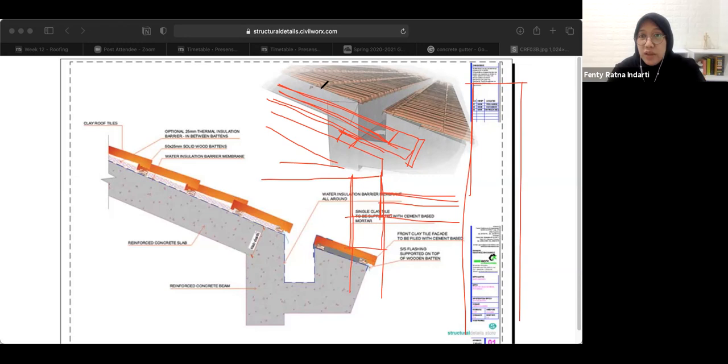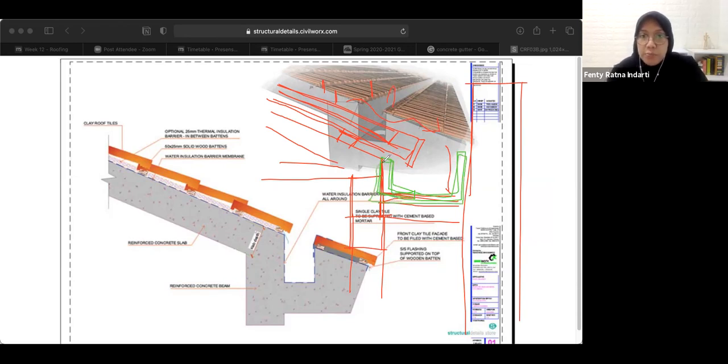So when the rain comes like this, it will flow down to here. But you have to make sure that this area, I will choose another color, like green, for example, specifically this area, must have a good water resistant quality.